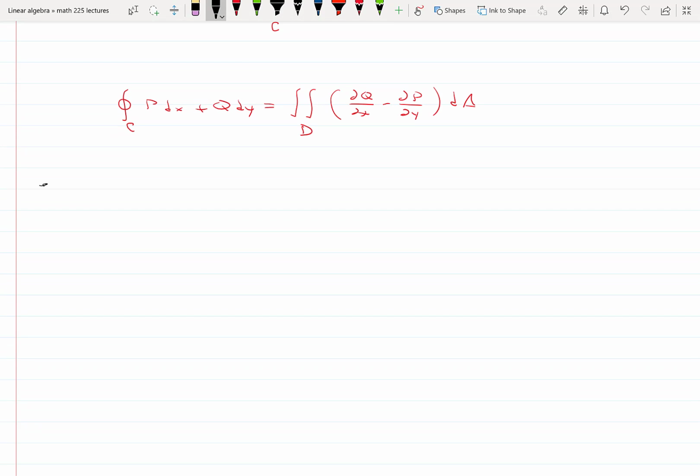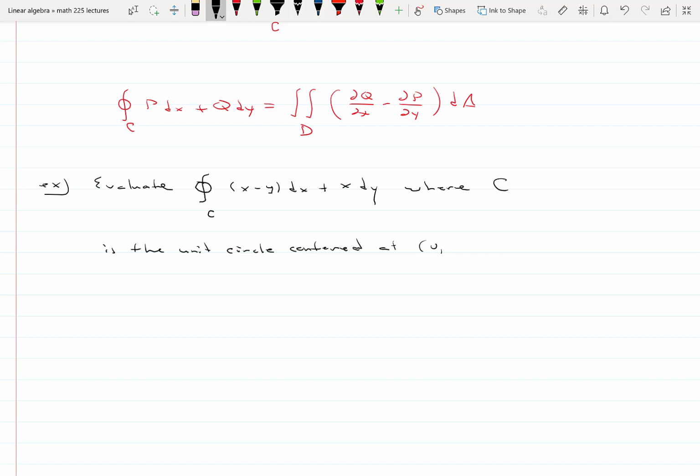All right, so for example, I want to evaluate the integral along a curve C, but the curve C is closed and positively oriented, so there's our symbol, of x minus y dx plus x dy, where C is the unit circle centered at 0, 0.